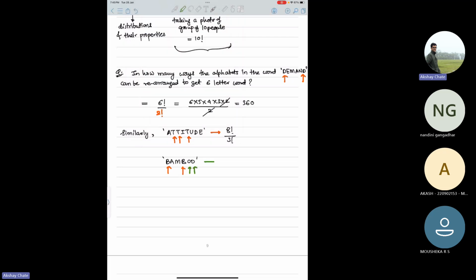So in this case, your total possible combinations of this 6-letter word will be 6 factorial divided by 2 factorial times 2 factorial, because there are 2 repetitions 2 times. If something is repeated 3 times, that is 3 factorial. Like that, you have to do things.